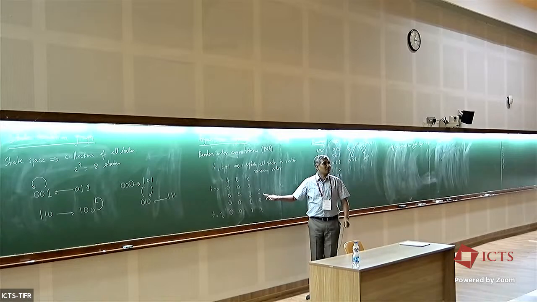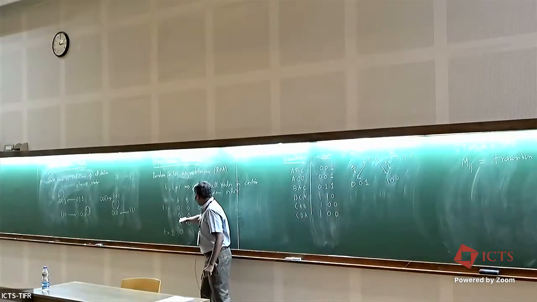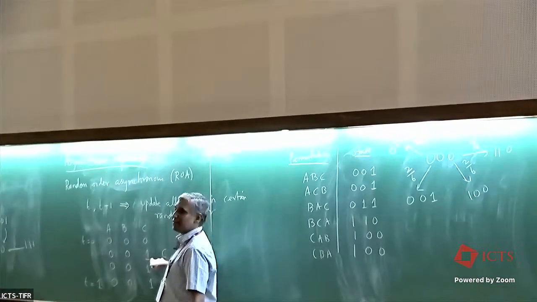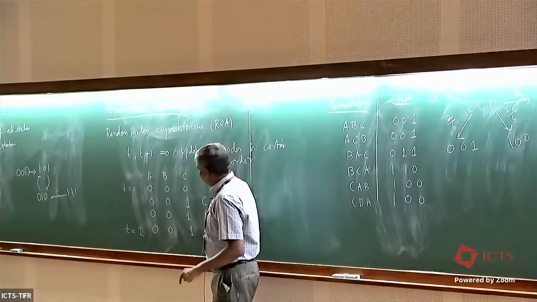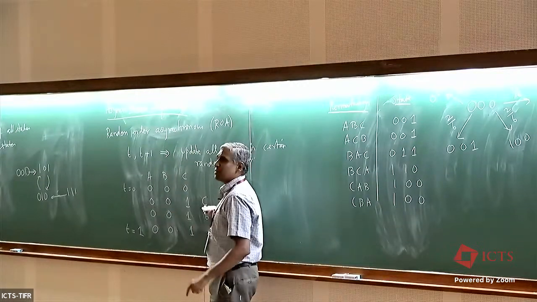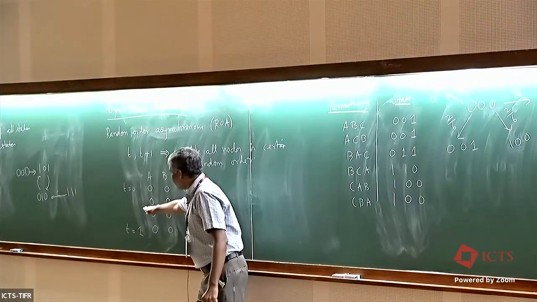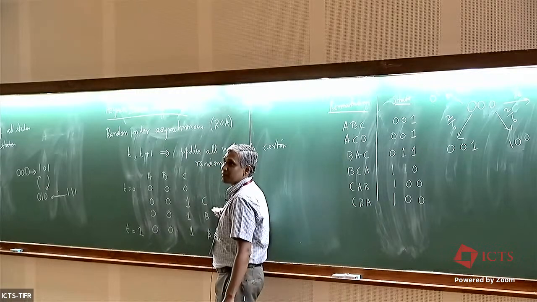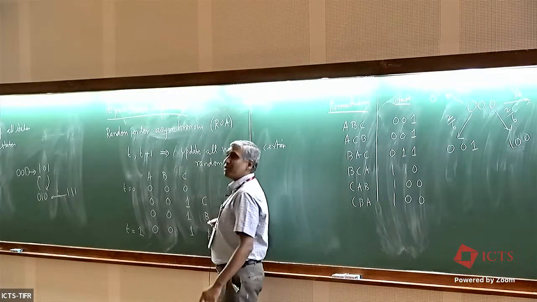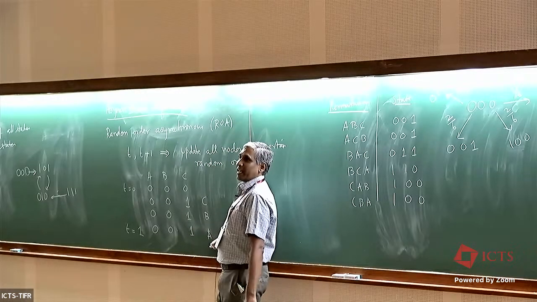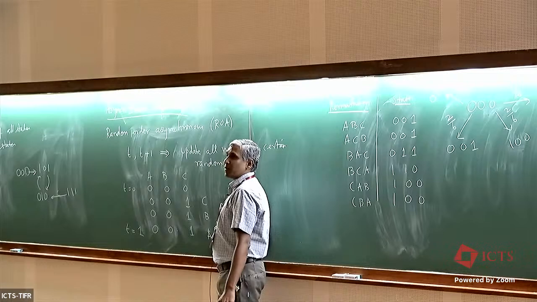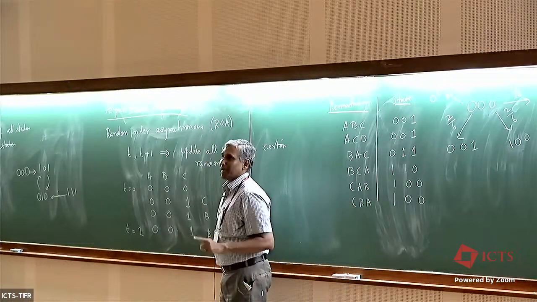I use the logic and find out what the values are if I'm going to update only C. Then in the next step, I use the sequence of the Boolean values from the previous update, and then I update only node B. And in the next step, I update only node A. And this entire three together is called one time step update.